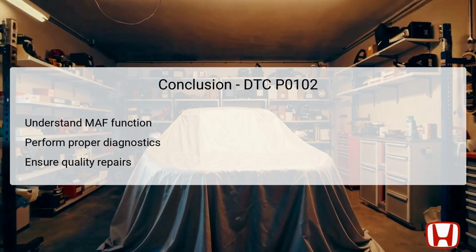By following structured diagnostic steps, technicians can methodically isolate the fault and implement accurate repairs. Ensuring that quality parts and components are used during replacement enhances the longevity of any repairs conducted. Adopting preventive maintenance measures subsequently mitigates the risk of this code reappearing, thus maintaining the vehicle's reliability and operational efficiency.